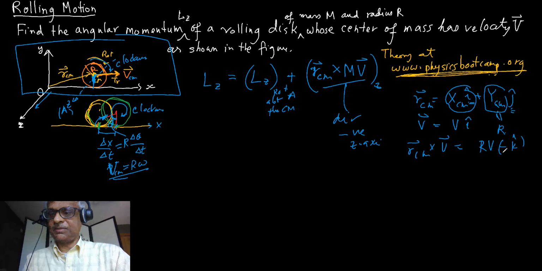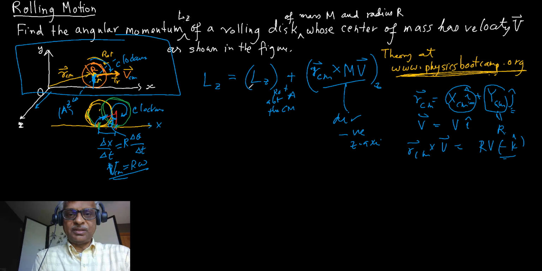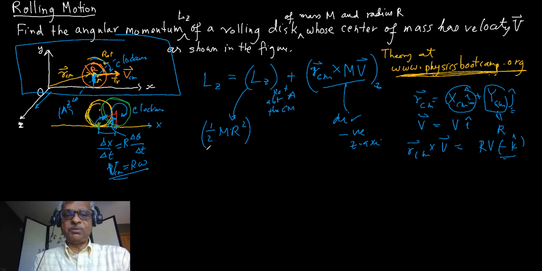So that's the negative z-axis. The rotational term, on the other hand, is half mR squared for the moment of inertia, this is I0, times omega.